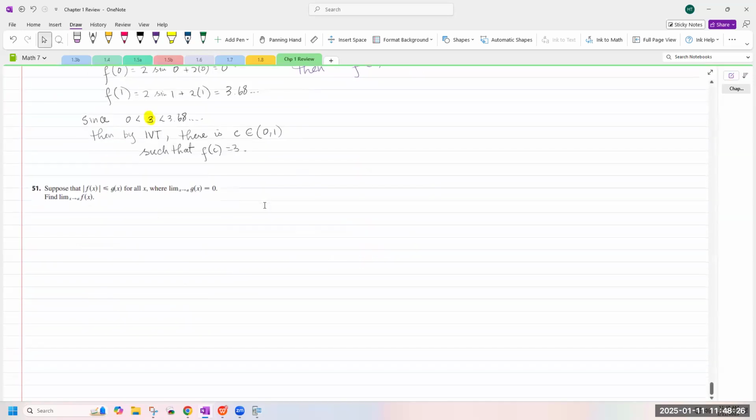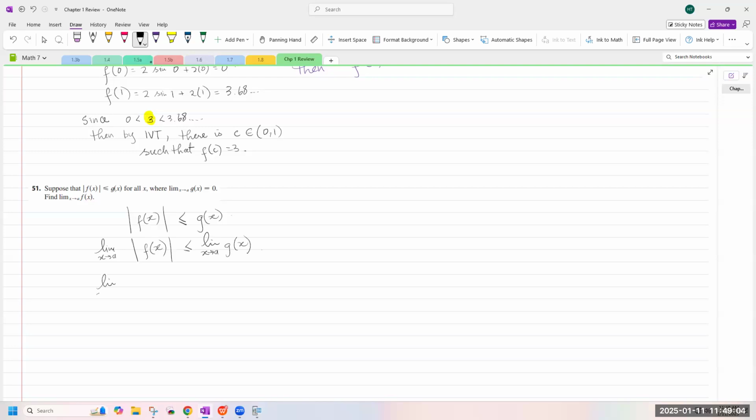Suppose that absolute value of f(x) is less than or equal to g(x) for all x. Find the limit of f(x). Absolute value of f(x) is less than or equal to g(x), right? So if I apply the limit as x approaches a of absolute value of f(x), that is less than or equal to the limit as x approaches a of g(x).